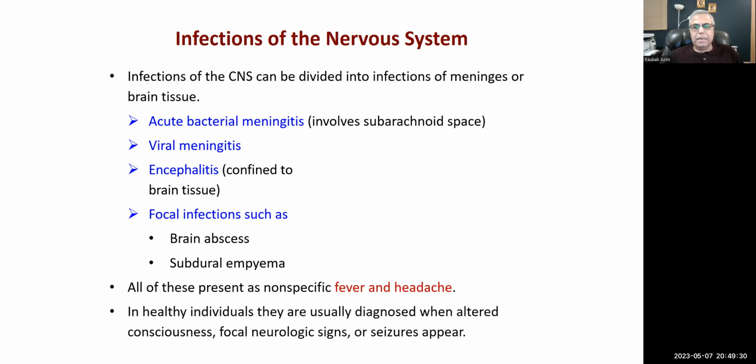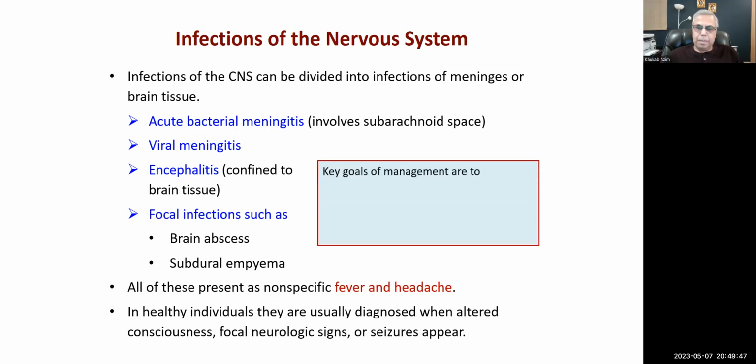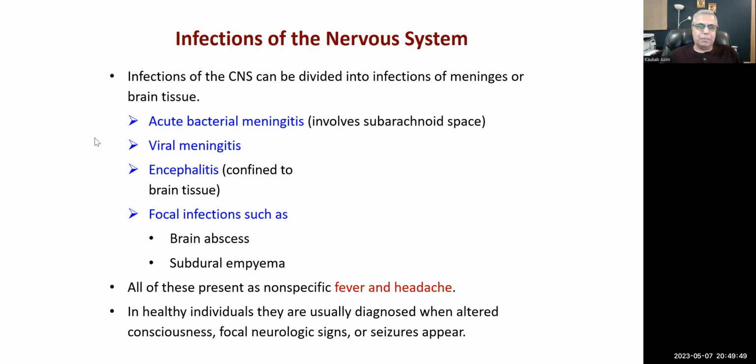And in healthy individuals, they are usually diagnosed when altered consciousness, focal neurological signs, or seizures appear. So the presentation of meningitis or central nervous system infections could be variable, right? And I said that the most common presentation is fever and headache.